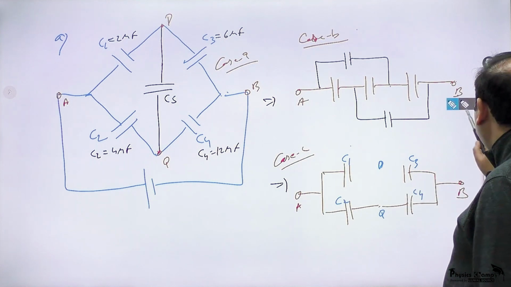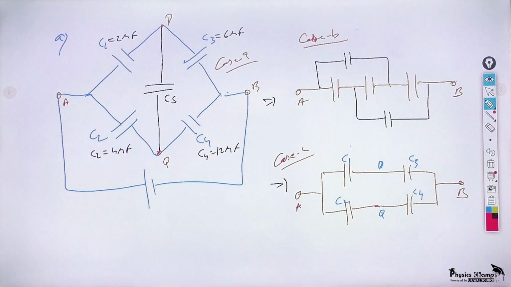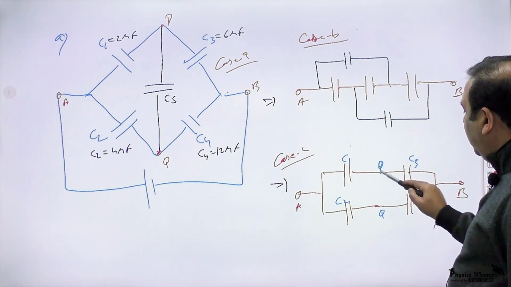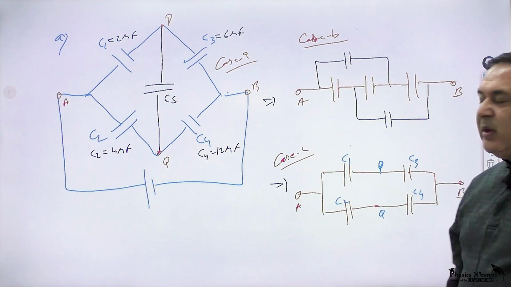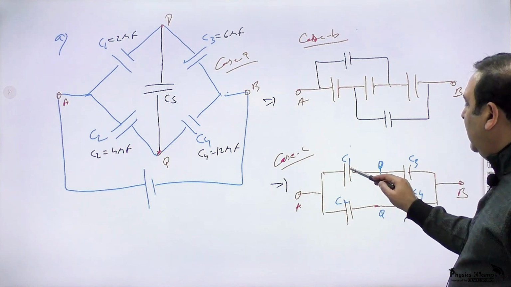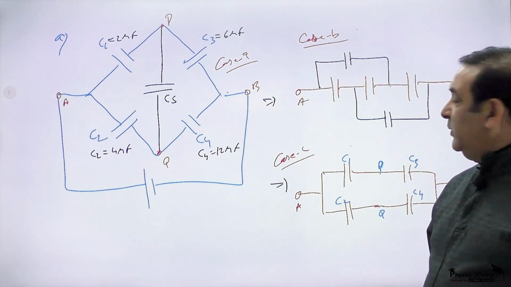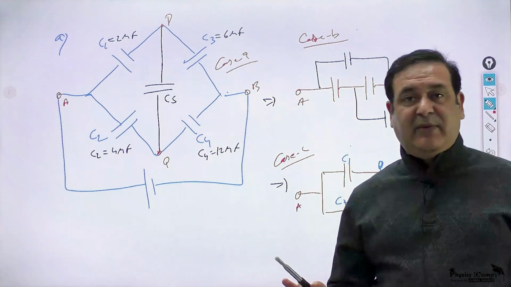And thus we can compare them this way. This is P, Q. Between P and Q you ignore it because it's a balanced Wheatstone bridge: C1 by C2 is equal to C3 by C4, or C1 by C3 is equal to C2 by C4. So this was case C, a clear Wheatstone bridge.